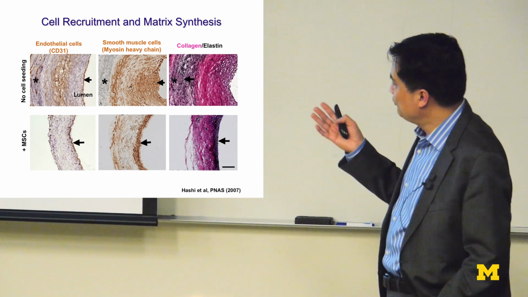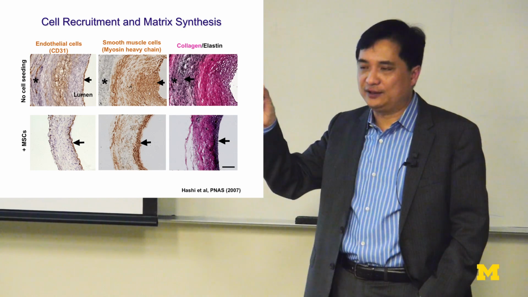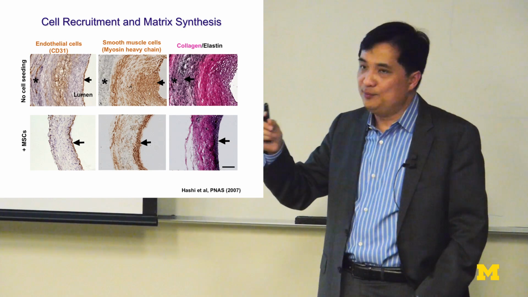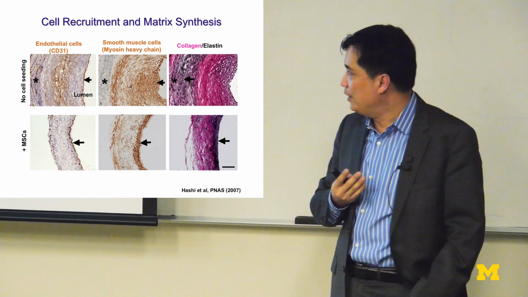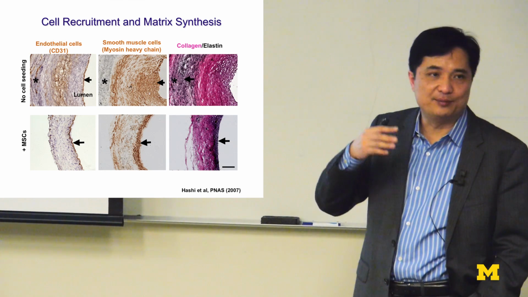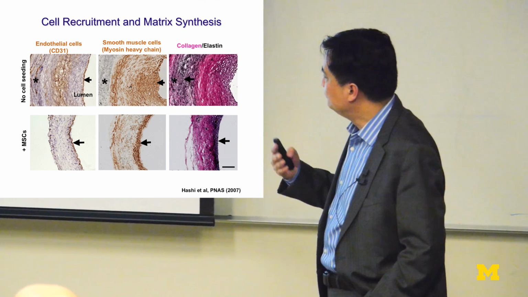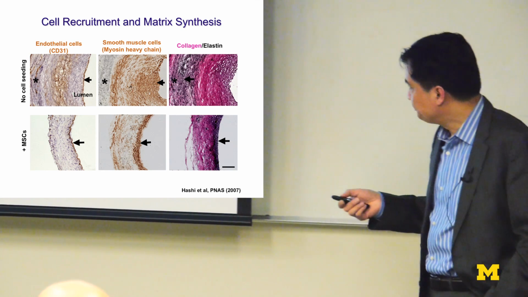So in this case, what we found is mesenchymal stem cells could prevent platelet activation and thrombogenesis and make this graft more biocompatible. In addition, you could also enhance remodeling because it has some paracrine effect. They can release some growth factors and cytokines for the remodeling process.